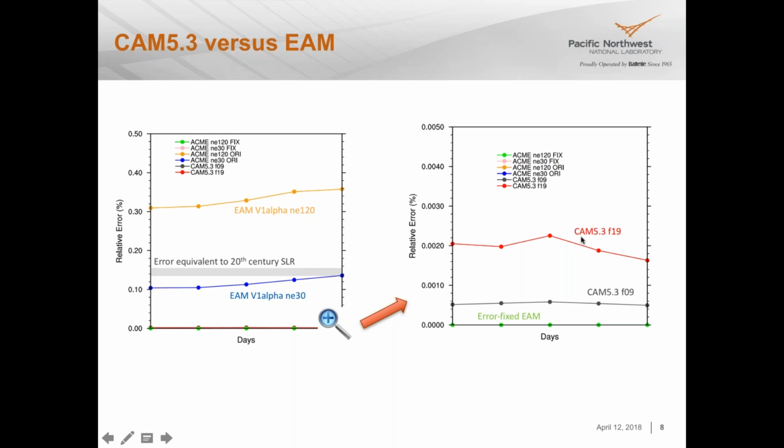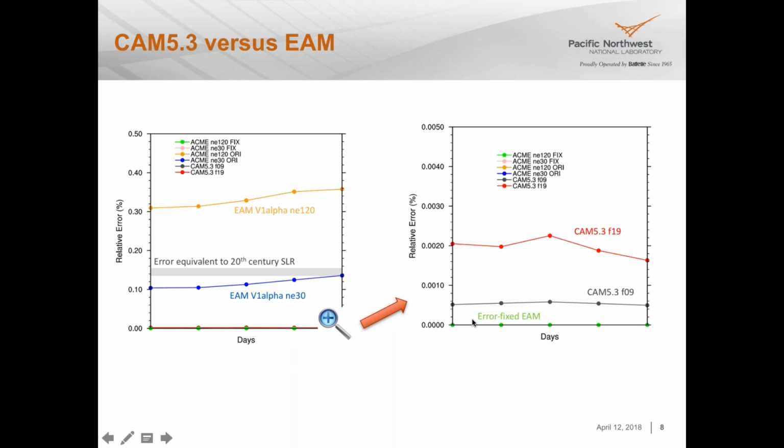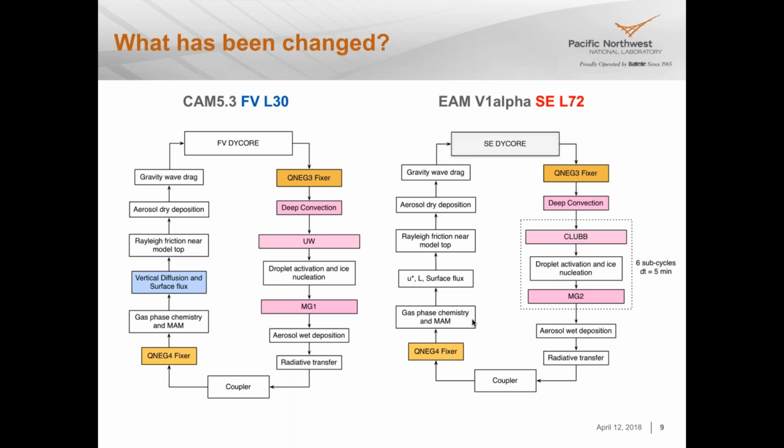We can see that for the CAM 5.3 model at 2 degrees, the relative error is around 0.002%. It's very small. After we fix the error in the atmosphere model, we can get an even smaller conservation error compared to the CAM 5 FV model. So, next slide.